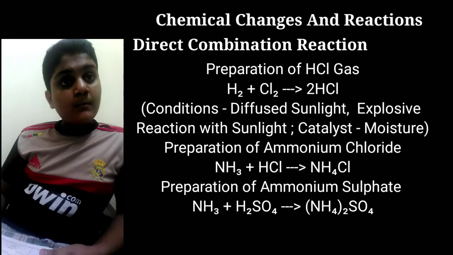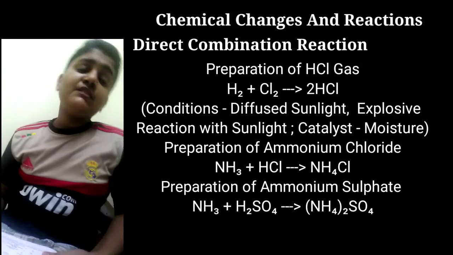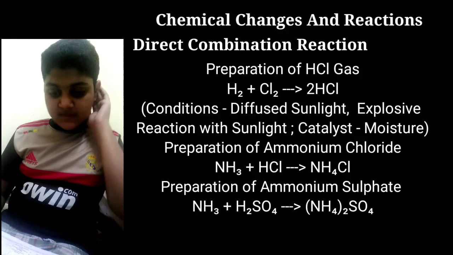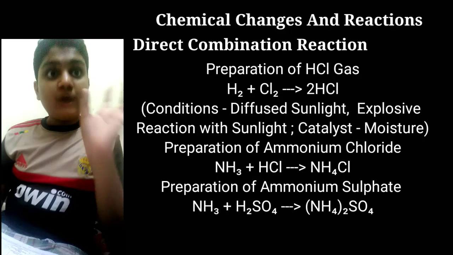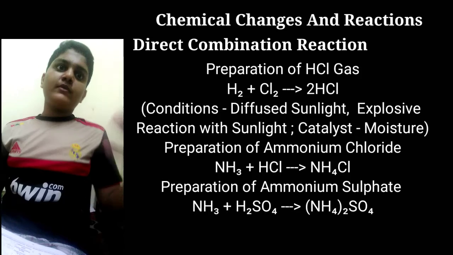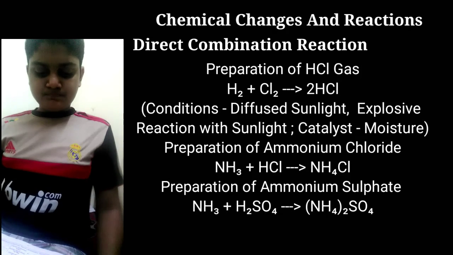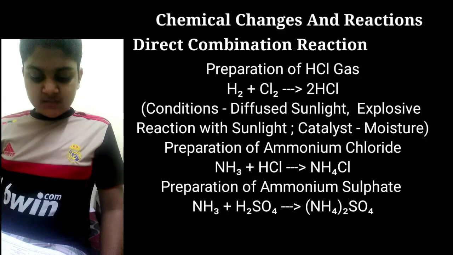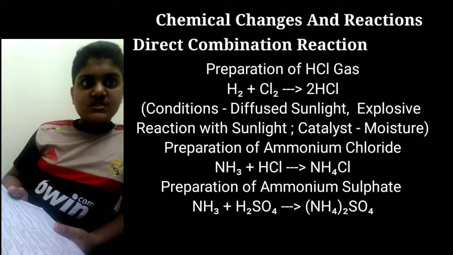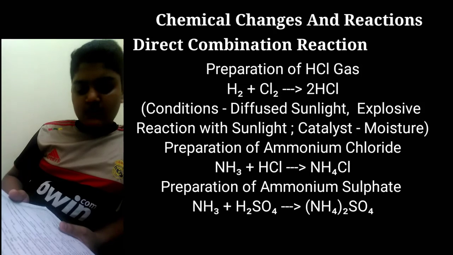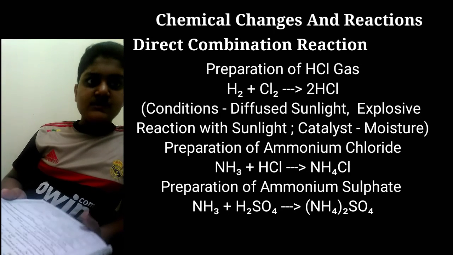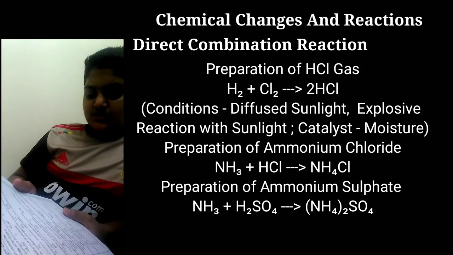Ammonium chloride is formed by combining the vapors of ammonia with hydrogen chloride gas. So you have to prepare ammonia, then hydrogen chloride, then ammonium chloride. Got the point? After that, the formation of ammonium sulfate. You will need ammonia and sulfuric acid. That is NH3 plus H2SO4 gives (NH4)2SO4.